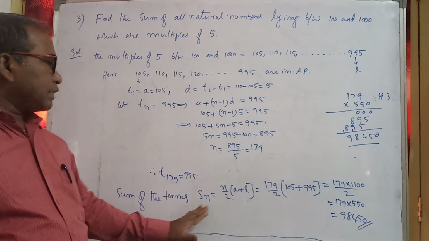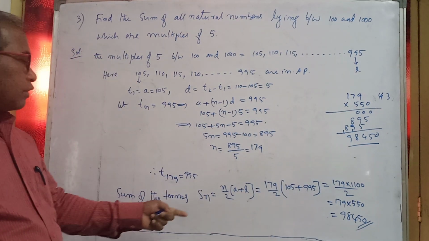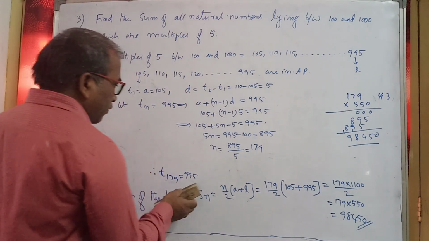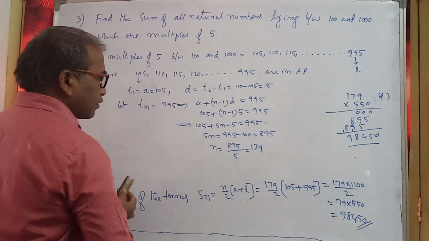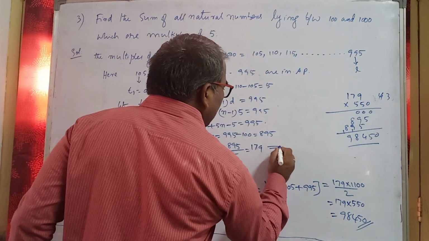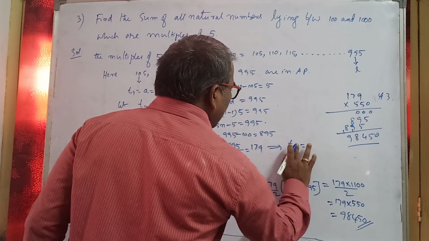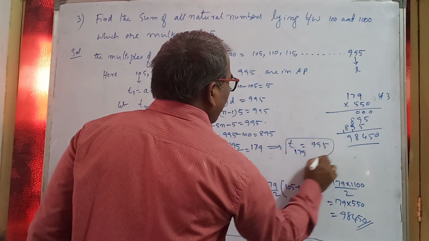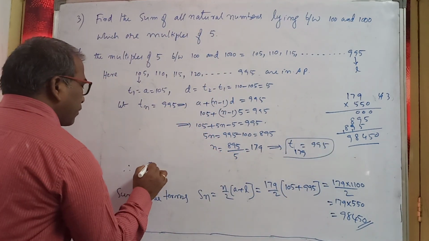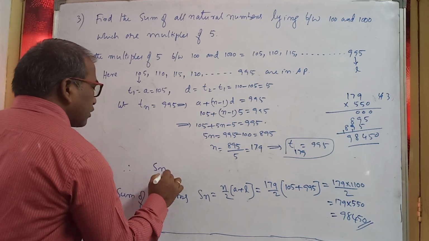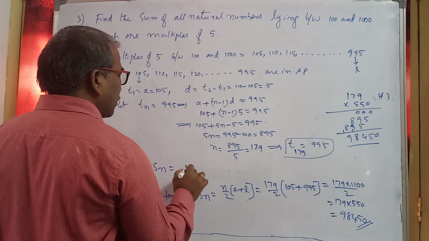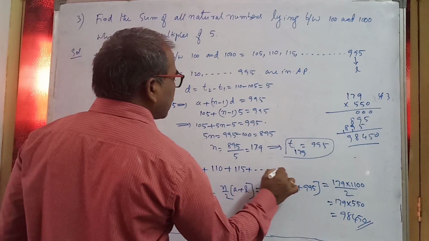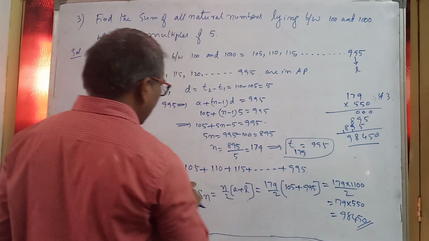They are asking for the sum. Before that, I will add one step here, because the board is not sufficient. Therefore T179 is equal to 995. Therefore the sum of the terms Sn is equal to 105 plus 110 plus 115 plus and so on.